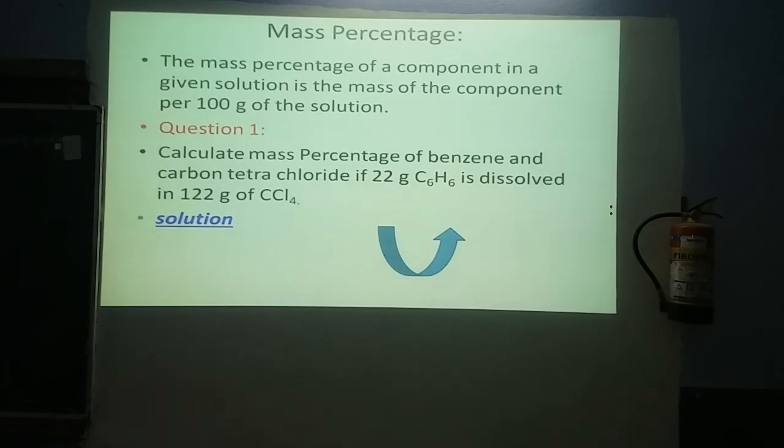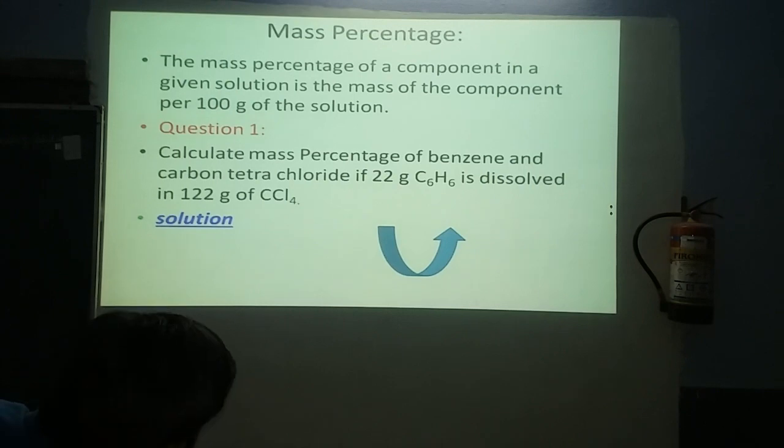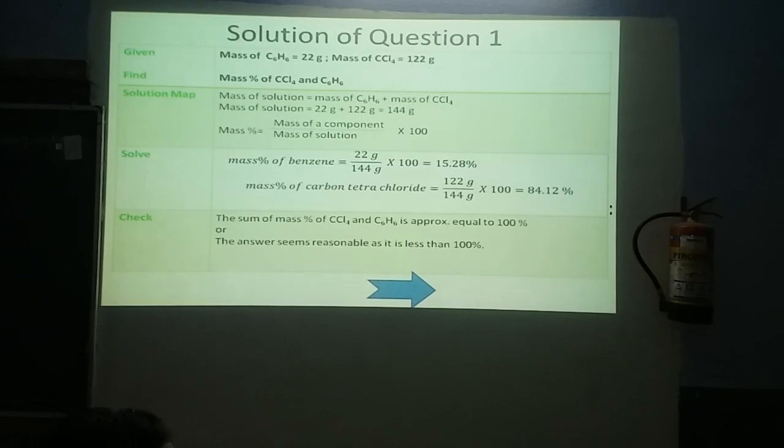And after putting the formula, we will get the mass percentage of each component, that is benzene and carbon tetrachloride. Let's go: the mass of benzene is 22 gram and mass of carbon tetrachloride is 122 gram.